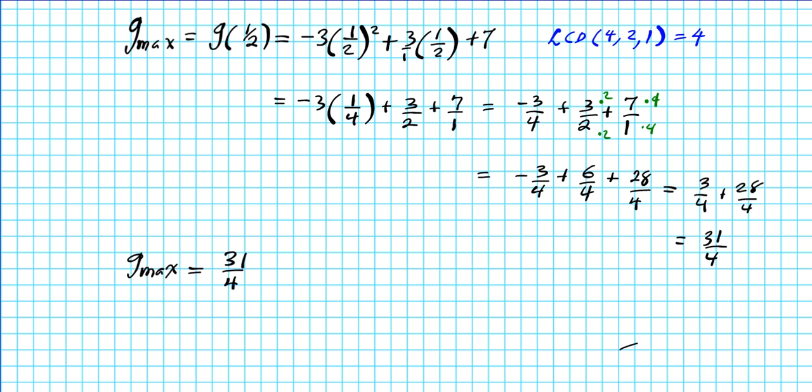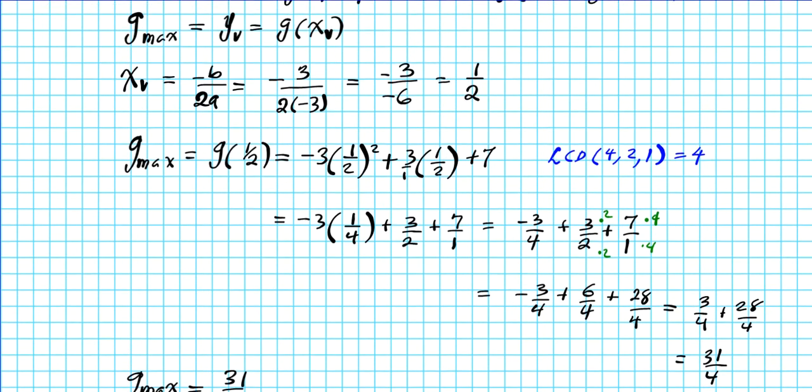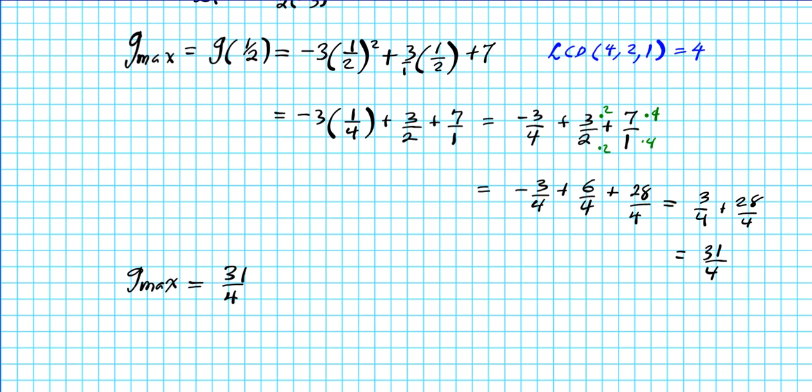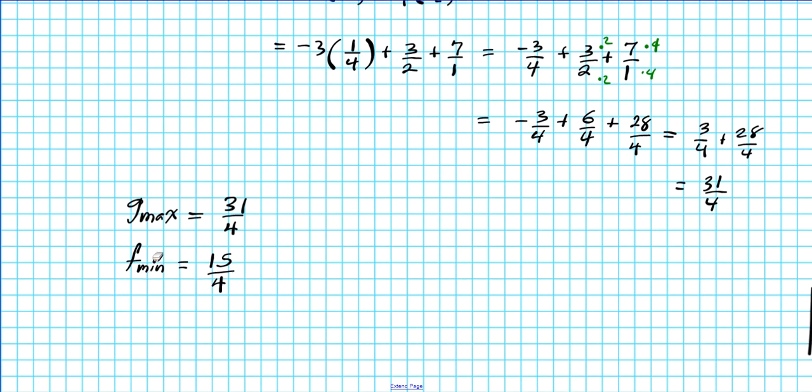Now, how does this compare with the other result we got, which is an f min value of, what is it, 15 over 4. So f min is 15 over 4. So we can clearly see that the minimum of f of x is less than the maximum of g of x. So that's our final answer. Okay, let's write that down.